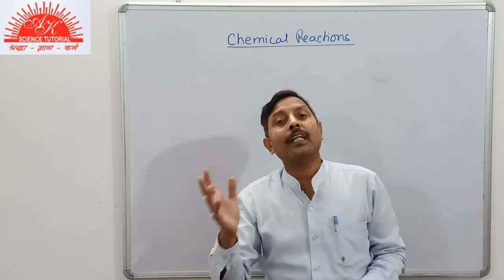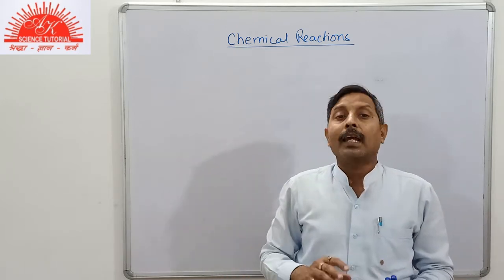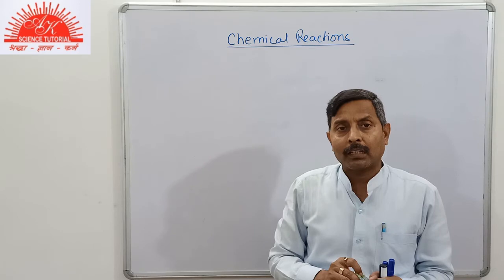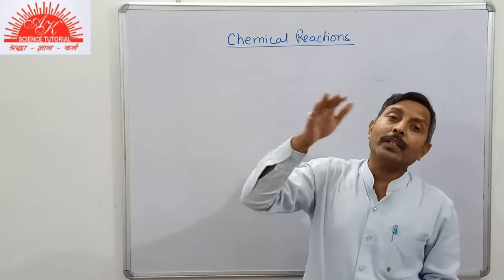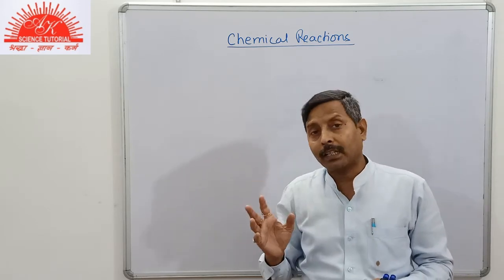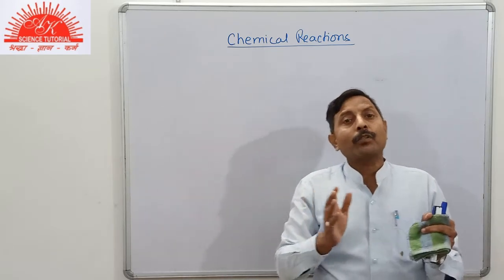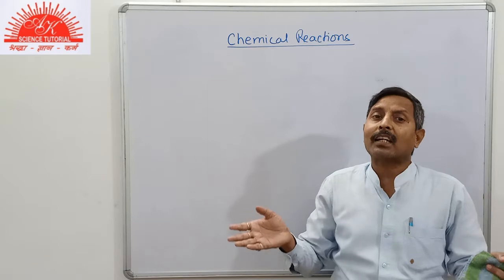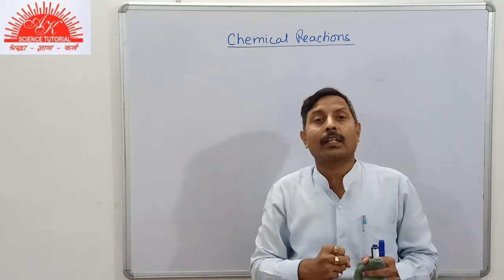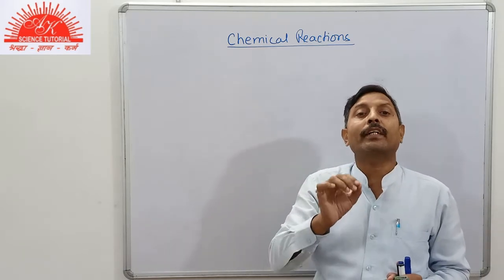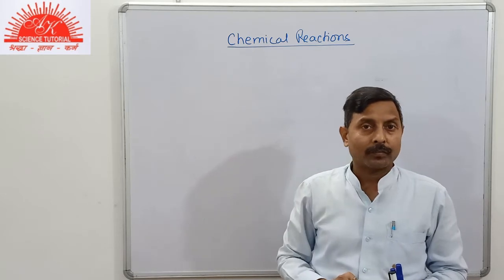Now what happens in a chemical reaction? In chemical reactions, the substances which take part are called reactants. In reactants, the atoms of two or more different elements are combined together, held together by a force of attraction called a chemical bond.